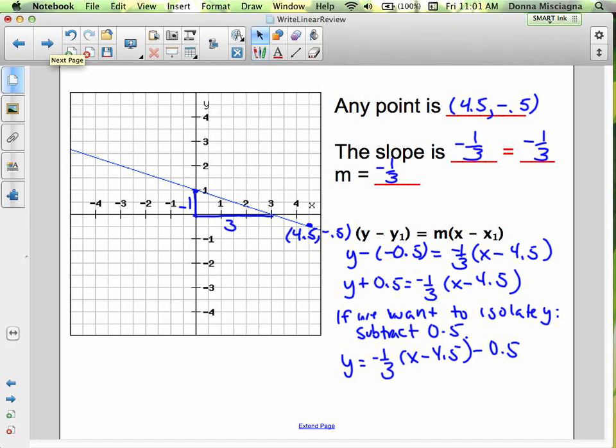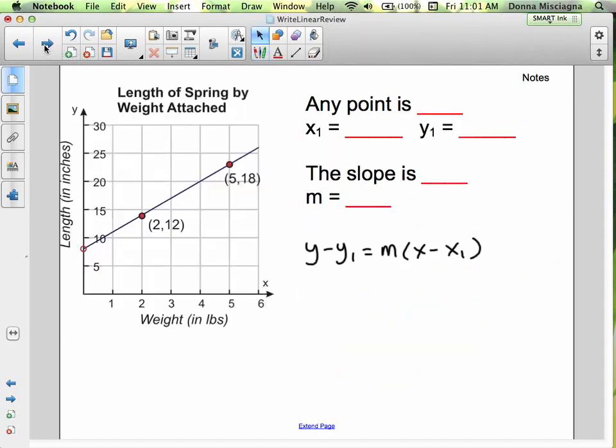One more problem, and this one is in your notes. All right, so here, the points to use are the most obvious points. They're the ones that are listed. On this problem, because it's not so easy to figure out points, we'd have to do a lot of estimating and maybe not be sure.